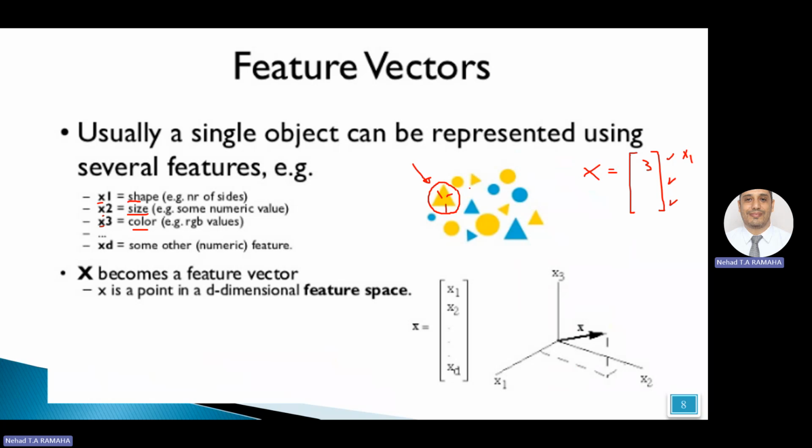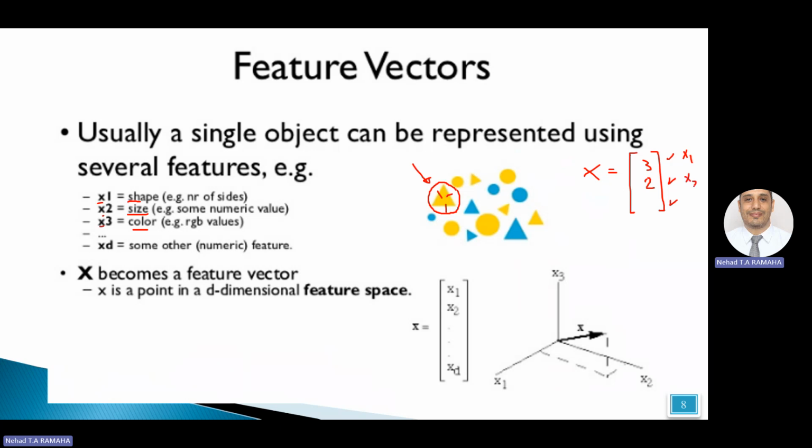The size: we have two sizes, small and large. Depending on the training set, this one will be large, so X2, which is the size, will be, if I give it 1, for example.